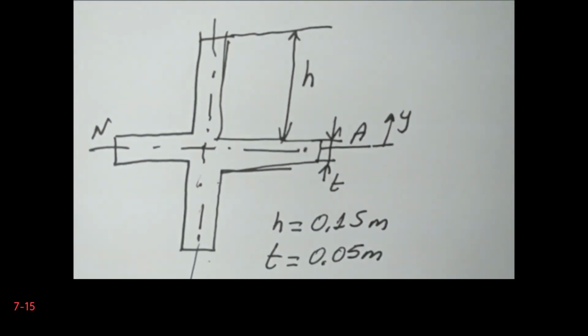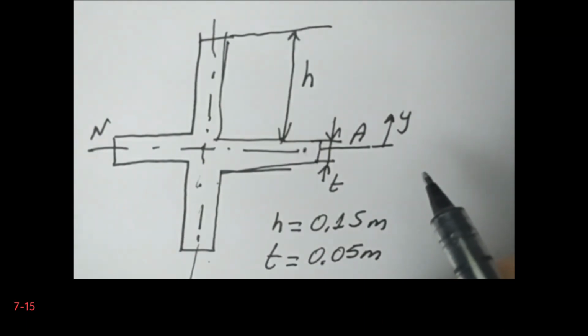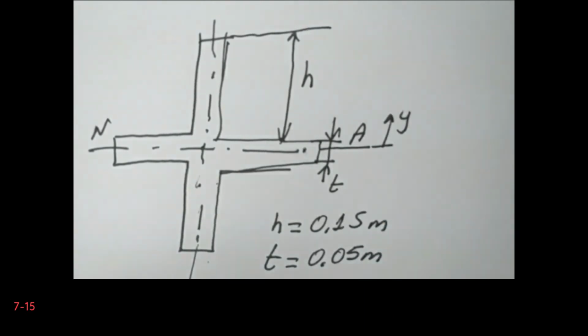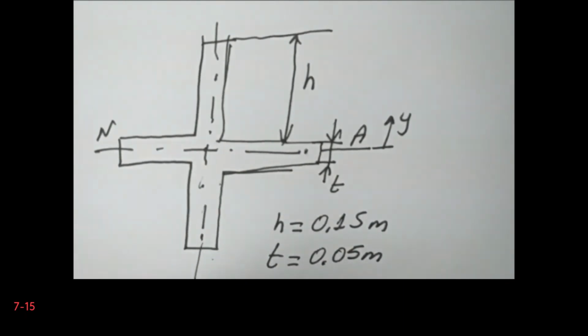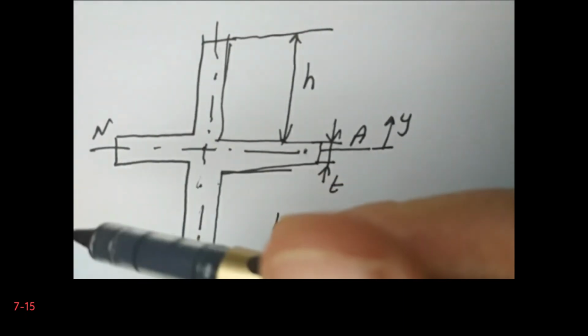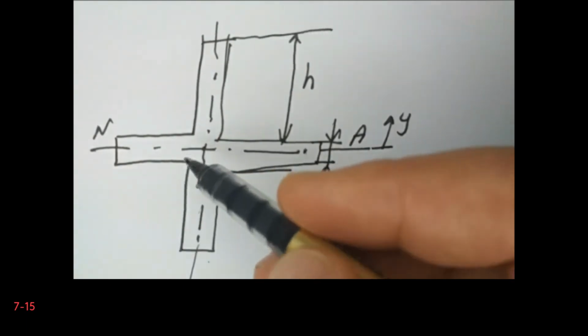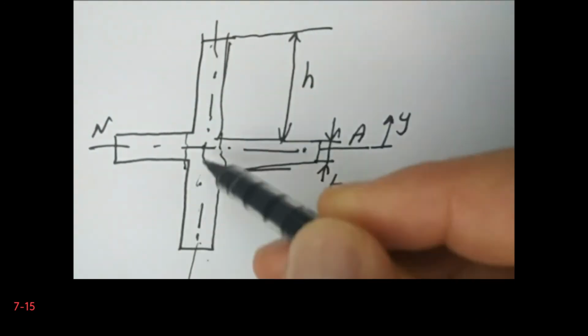Now first, I will calculate the moment of inertia with respect to the neutral axis. Now we can divide the whole cross section into three parts. So one vertical rectangular part which is at the center, and two rectangular parts on either side.